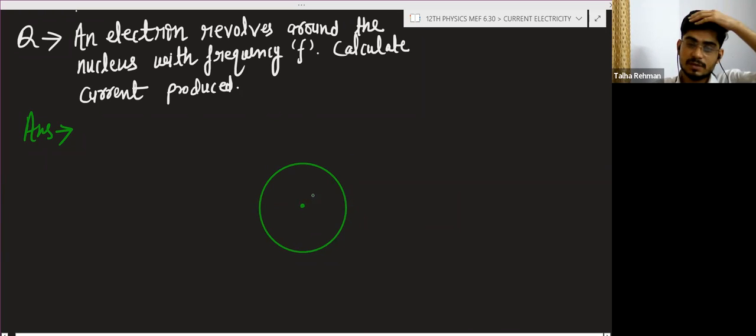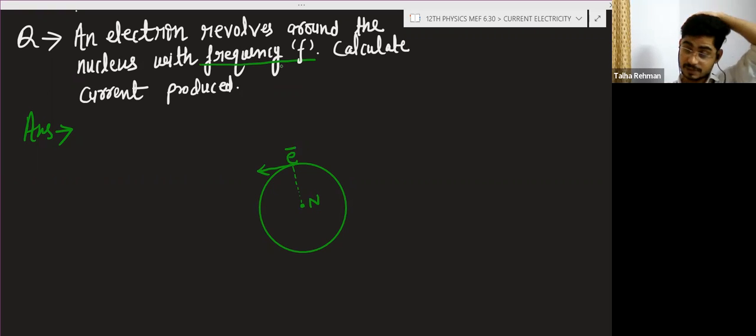In an atom, electron revolves around the nucleus. Here is the electron, and this is the nucleus, and the electron revolves around it. And frequency is given. Frequency is the number of revolutions per second, you can say.